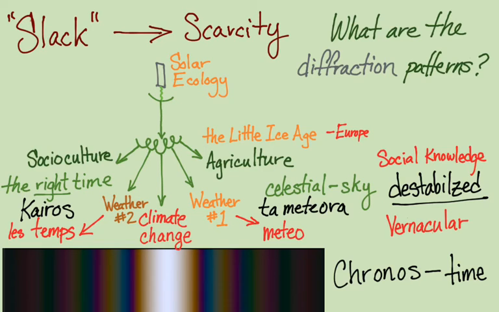So thinking diffractively, we would look at the slack in our system, and not look at efficiency, which is a scarcity mindset, but look at effectiveness, which is a slack mindset. What is effective? What actually would enact change that would support your community where you live?